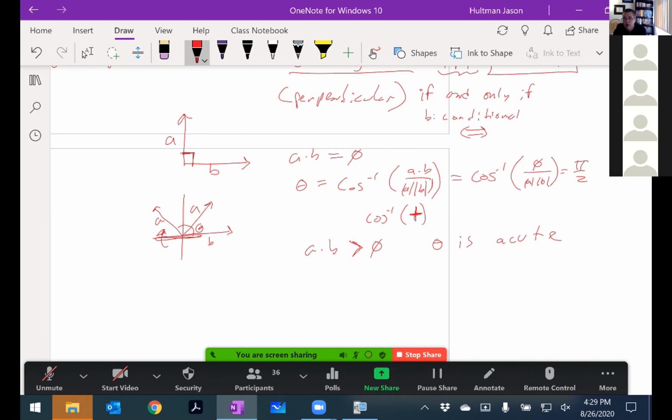So if we want to take the arc cosine of a negative value, then A dot B would be less than 0, and theta is obtuse. So it's kind of the reverse of what you would think intuitively.